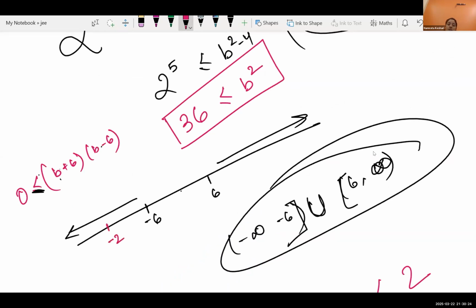The other solution is representing minus infinity to minus 2 only, this side, and this one, 2 to infinity, this side. So the common solution we are checking. We can say this is negative infinity to negative 2, and 2 to infinity, right? Okay, this will be our answer.